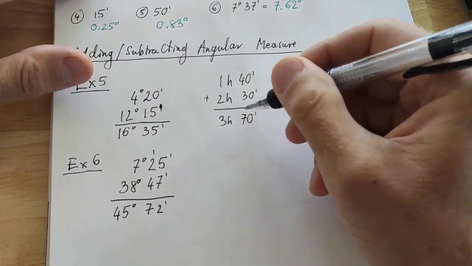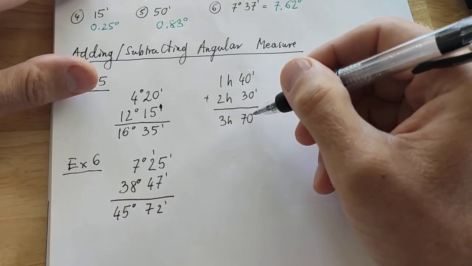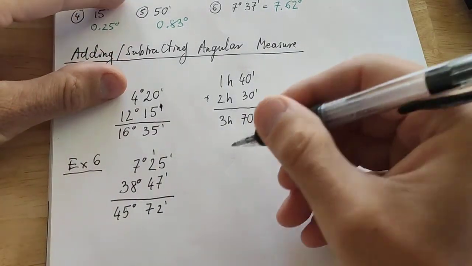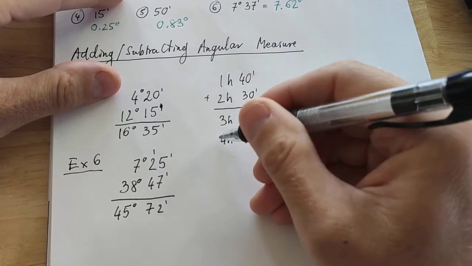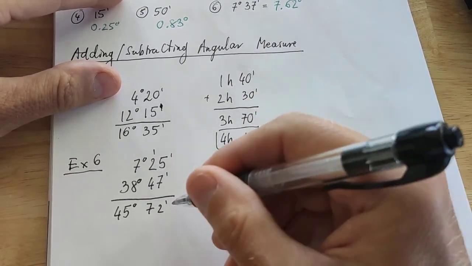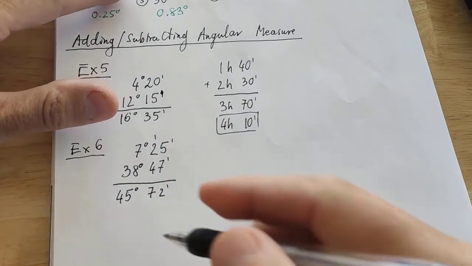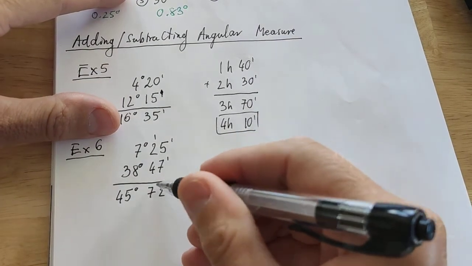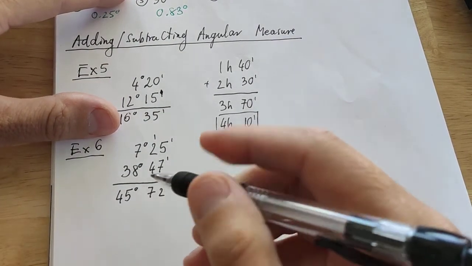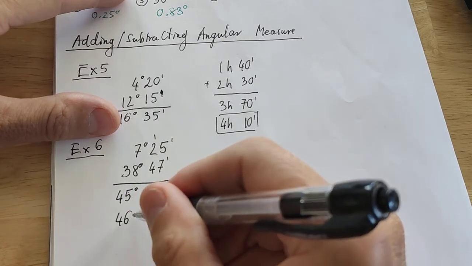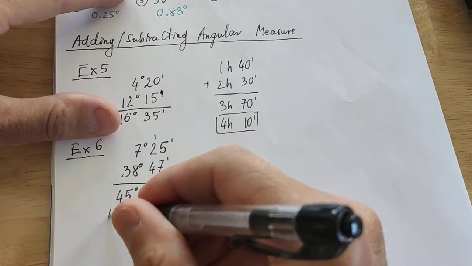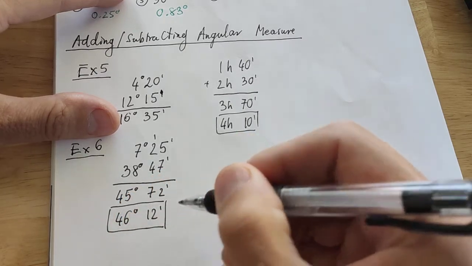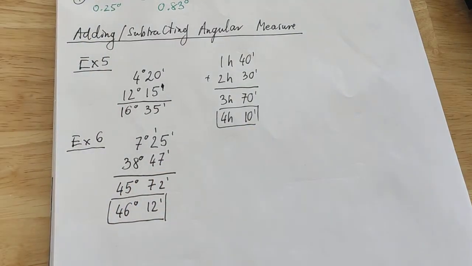But you need to change those 70 minutes to an hour and 10 minutes. So it's going to be actually 4 hours and 10 minutes. Okay? So here we need to do the same thing. So if I take 60 out of this and add it to degrees, I'm going to get 46 degrees. And here I'll have 12 minutes left. Okay, so that's the tricky part.